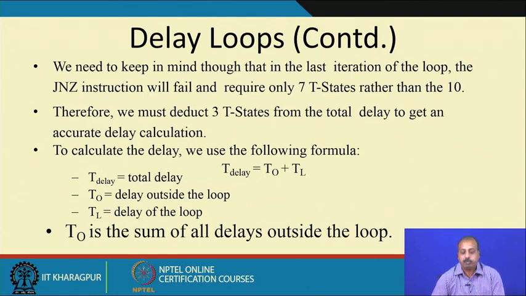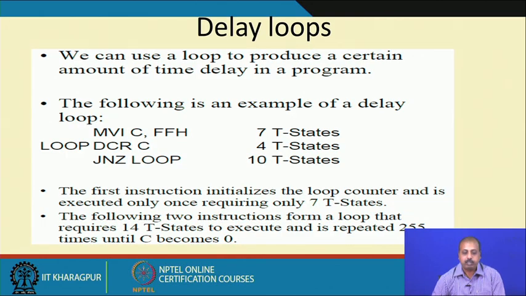So, this is a very minute delay calculation, because this JNZ loop instruction takes 10 T states when the loop is successful, because in that case the program counter has to be loaded with the value from the memory, whatever is the offset of the loop.